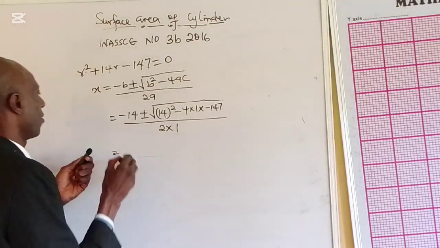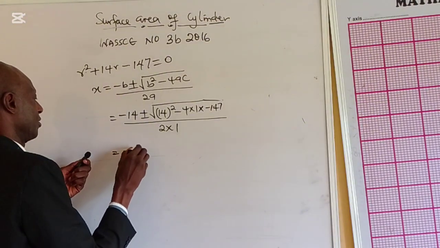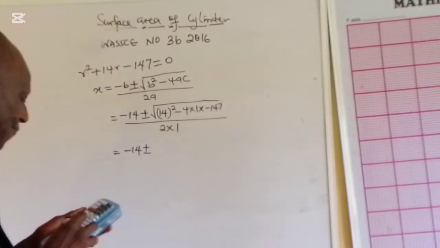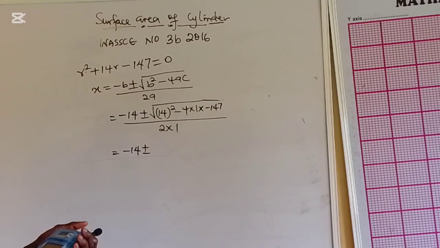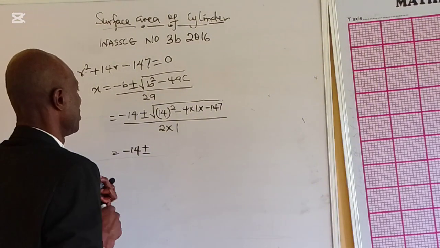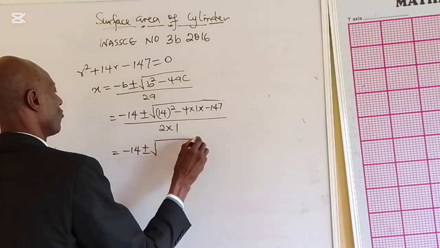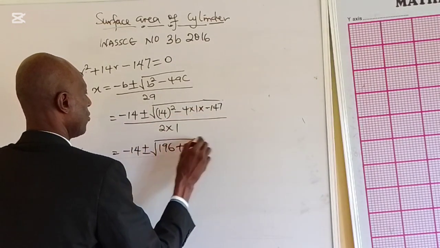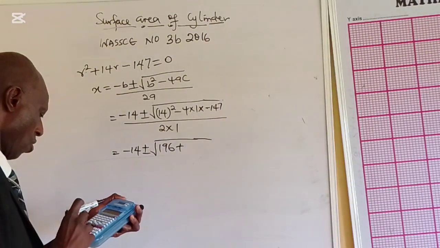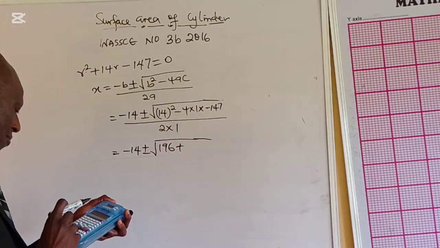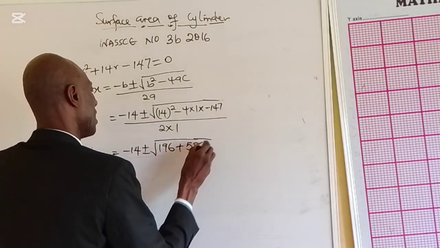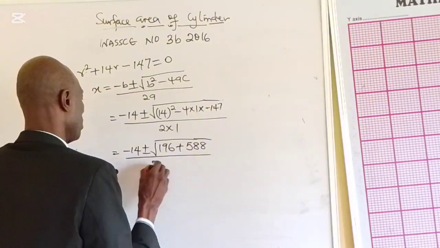Alright, now, here is minus 14 plus or minus, what is the square of 14? It gives us 196. Minus times minus is plus. Therefore, what is now 4 times 147? It gives us 588, all over 2.